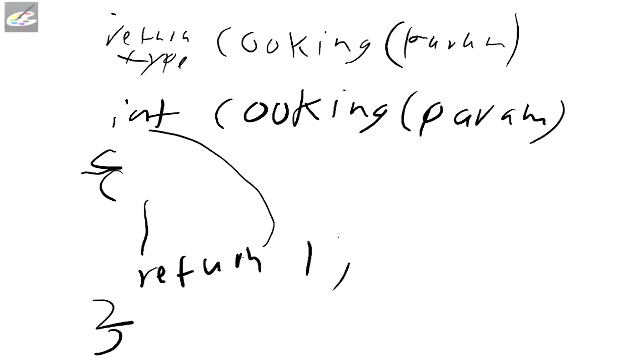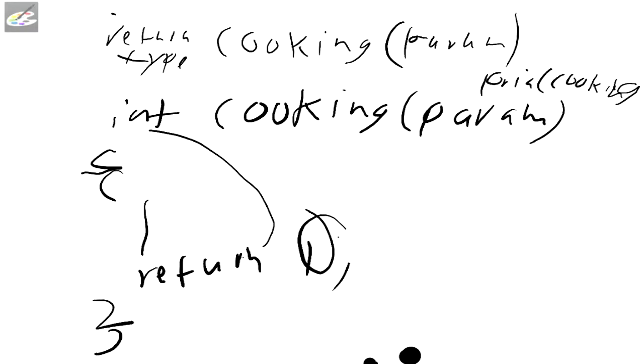So for example, if on your main program you did a print, and then you did cooking with your parameters after that, it will go into cooking and do that cooking method, and then it will print the 1, saying that it went through without a hitch. Or you could have it in an if statement and see if it returns 0 or 1.